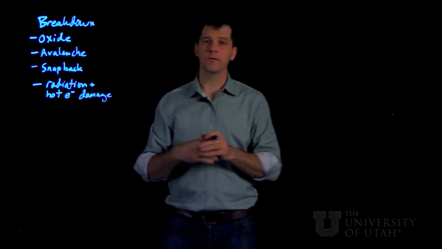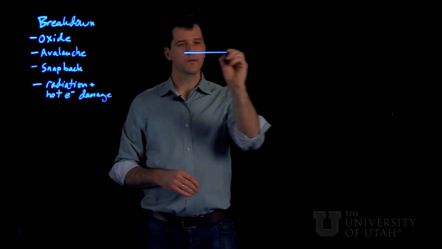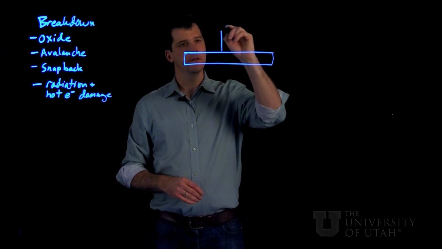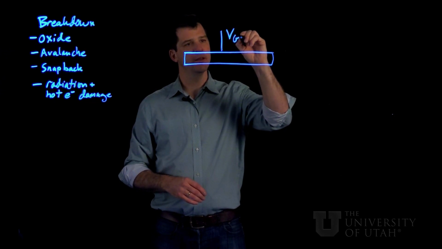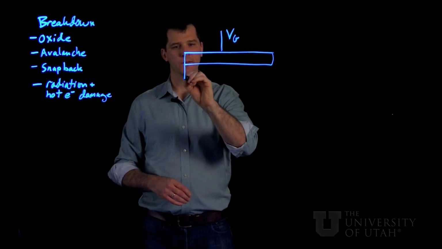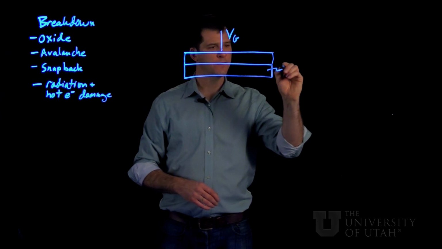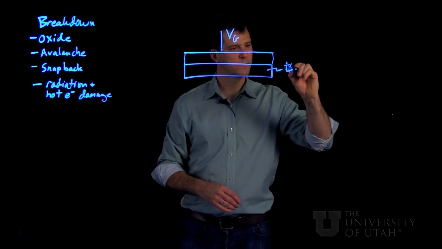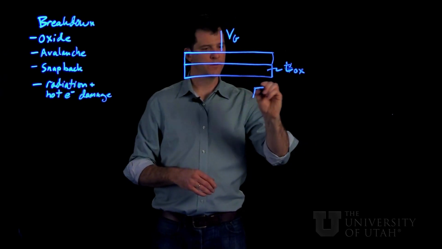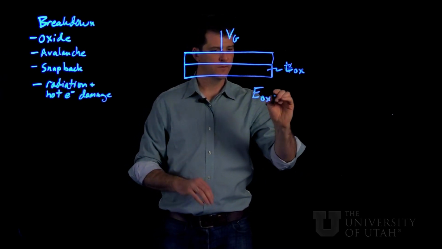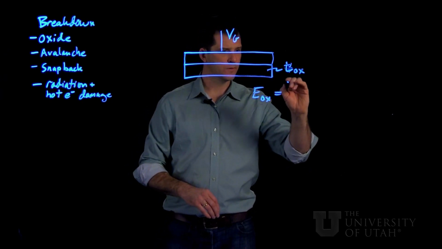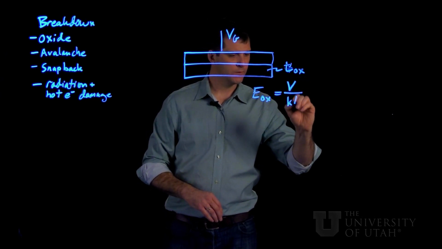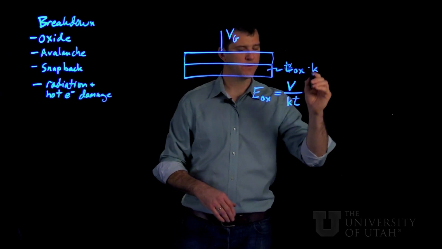So let's first look at oxide breakdown. And this one is relatively easy to explain. If you keep the gate voltage the same, but you shrink the oxide thickness, the E-field in the oxide is going to scale by that factor of K that you multiplied the thickness by.